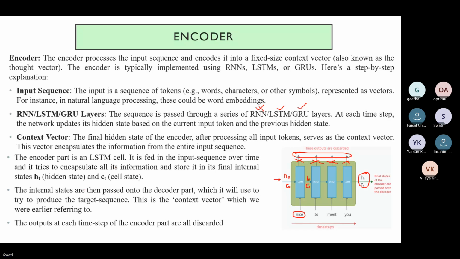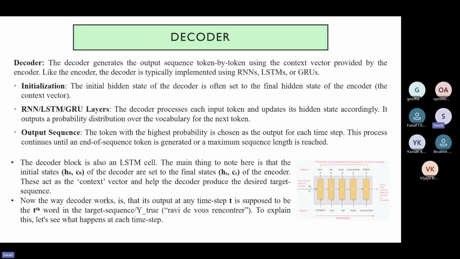So these internal states, this HT and CT, will be further passed on to the decoder. So this is the internal architecture of a decoder. This decoder generates some output using this context vector.